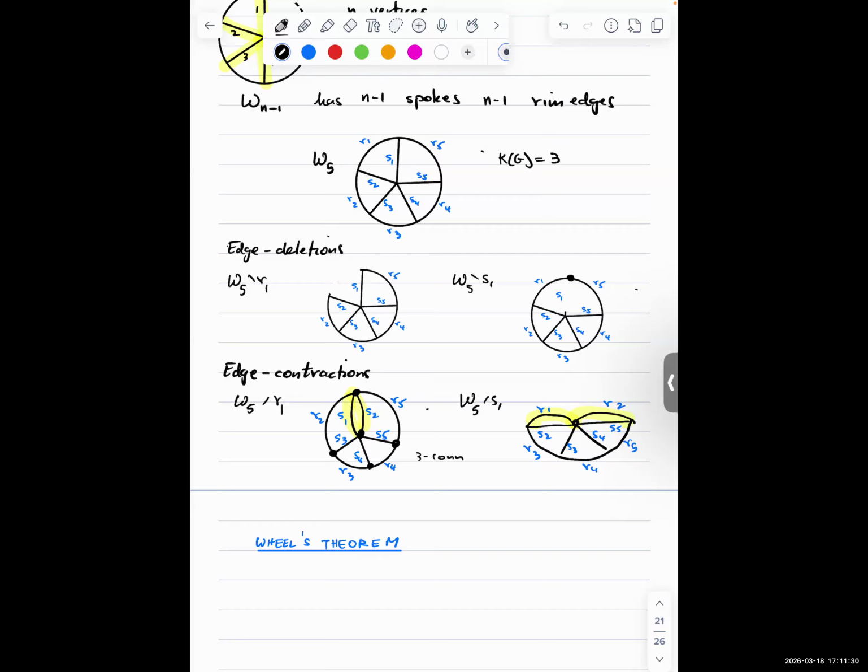This one's 2 connected. But they're not simple. So we'll present it like this: not 3 connected, not 3 connected, not 3 connected, 3 connected but not simple.